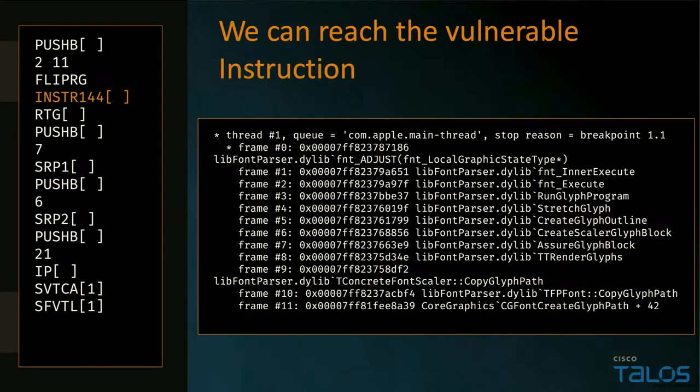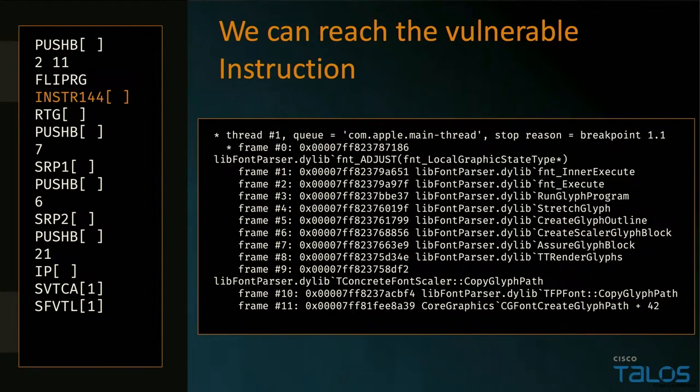At this point, we can reach the interpreter, and we can probably reach the vulnerable instruction. We can use the fontTools Python package to inject it. The fontTools Python package lets you decompile a font into an XML file, modify it manually, insert instructions, modify other properties of the font, and then recompile that XML back into an SFNT binary font. fontTools doesn't have support for this undocumented instruction, obviously, but it lets you specify arbitrary opcodes by just saying instruction and then the number of the byte of the opcode.